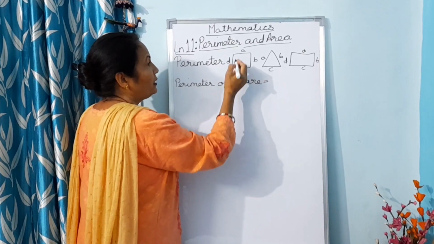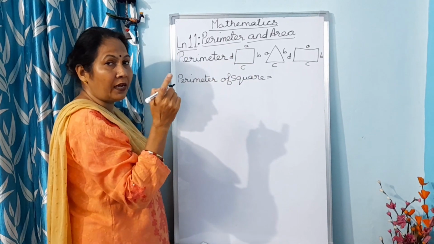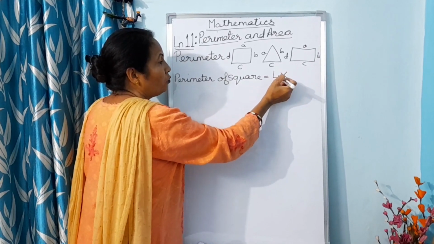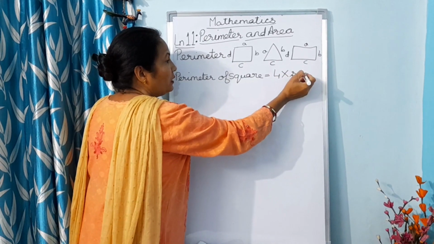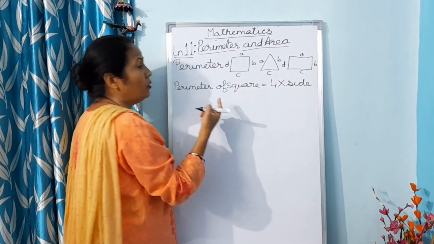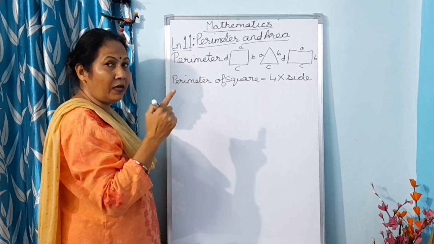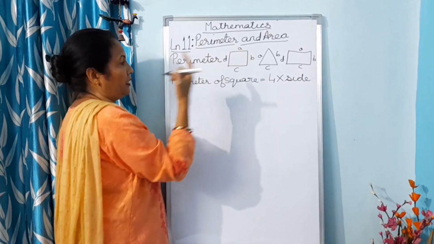Here you will write, as the square has 4 sides, so you will write 4 into side, means you are going to multiply the side by 4. Why? Because square has 4 sides.